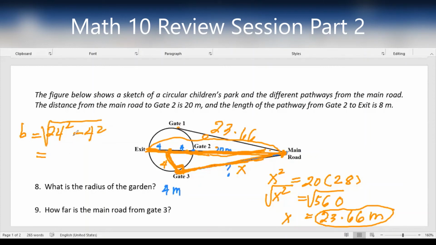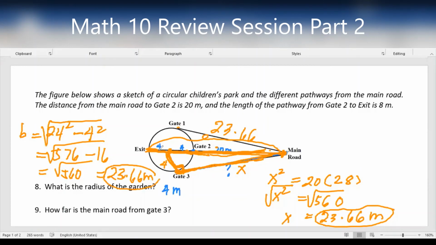So, 24 squared, just do it in your calculator, kung pareho yung sagot. 24 squared is 576. 576 minus 4 squared is 16. 576 minus 16, it's 560 rin. So, see, exactly the same lang. So, 560, it's 23.66. So, same answer, no?